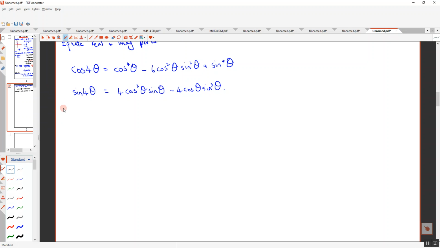So if we've got something like this, z is equal to cos theta plus i sine theta. Show that 1 over z is equal to cos of theta minus i sine theta.